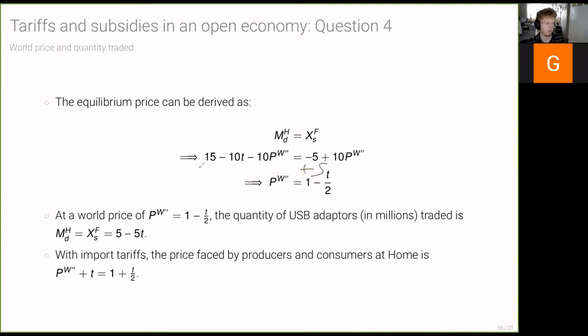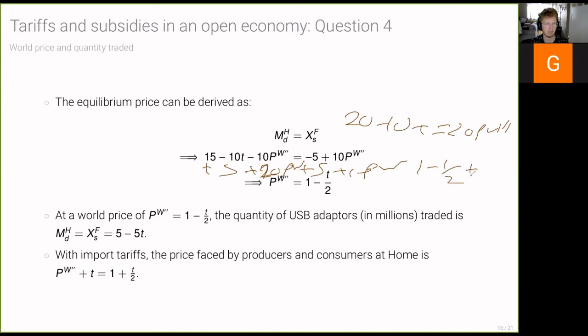And so if we add 5 onto both sides and add 10 P_W to both sides, then we get that 20 minus 10T is equal to 20 P_W. I'll divide by 20 on both sides, and that gives me 1 minus T over 2 is equal to P_W, whatever you want to call it. And so that's what's given on the slides.